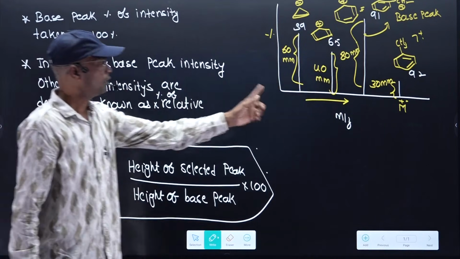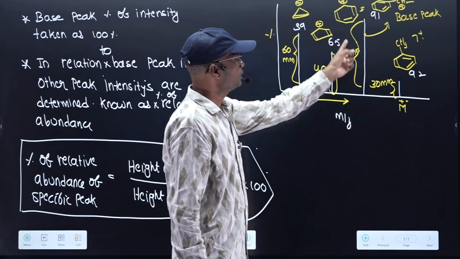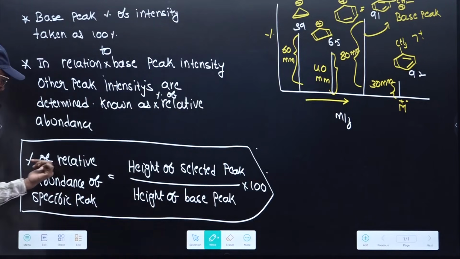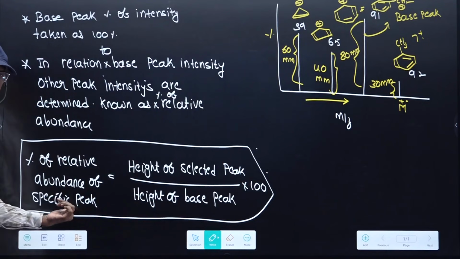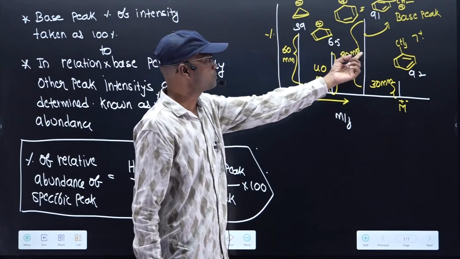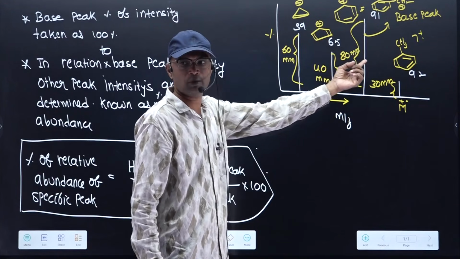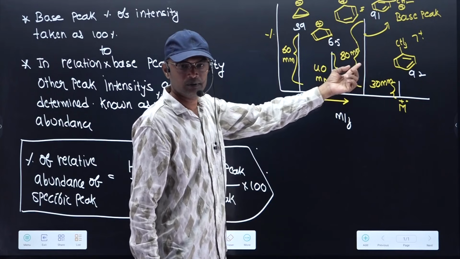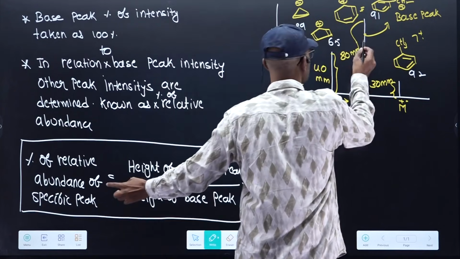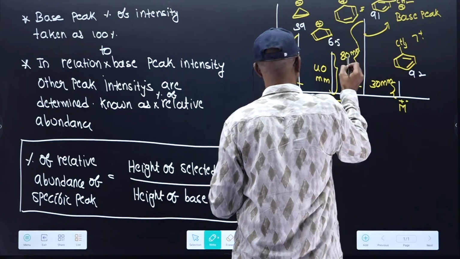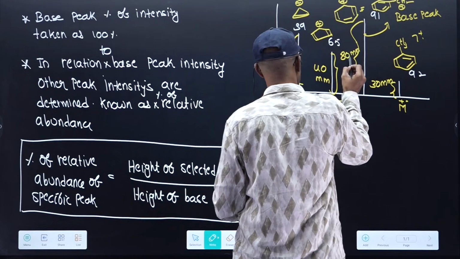So if I take the base peak, what is the formula for relative intensity? Percentage of relative abundance of a specific peak. I am going to take this one. This peak intensity, the specific peak, is what? 80. 80 by 80 into 100, how much? 100%. If you substitute in this formula, height of selected peak 80, height of base peak, what is the base peak here?